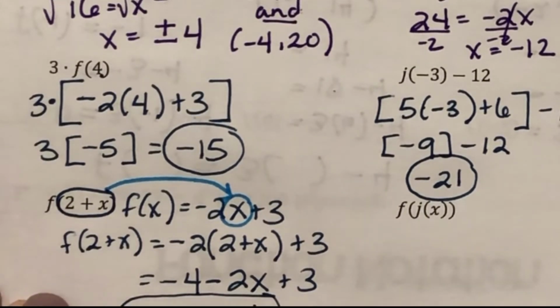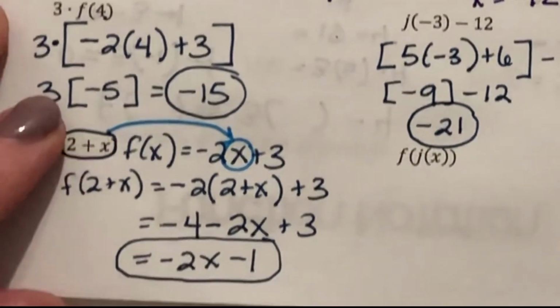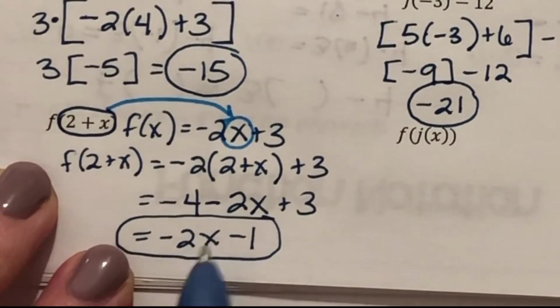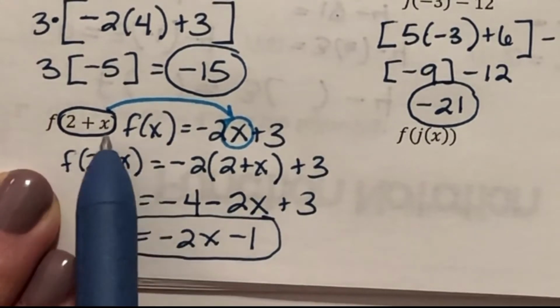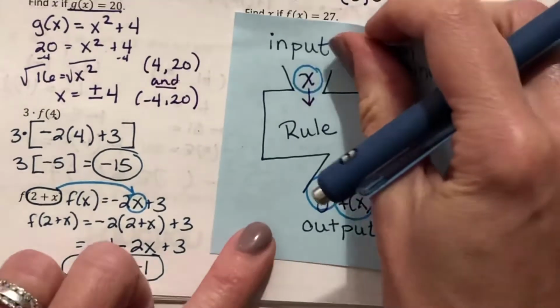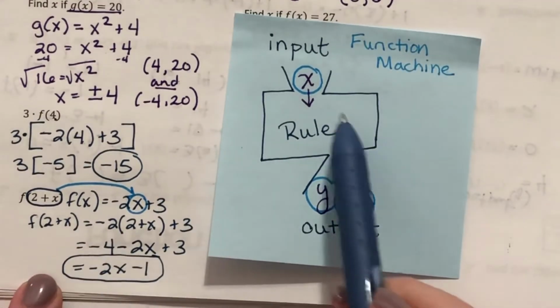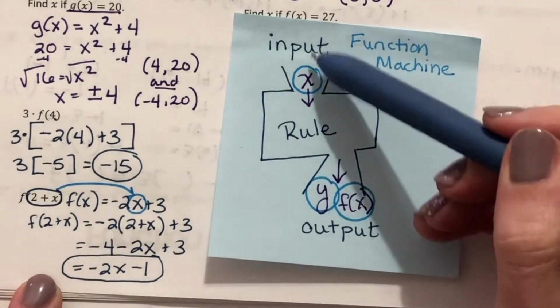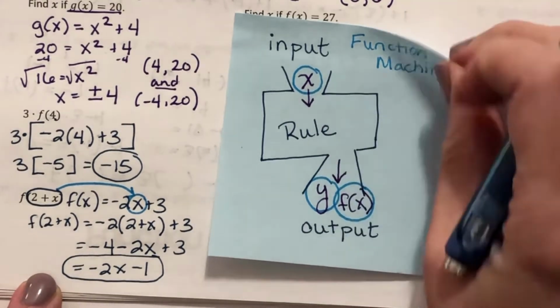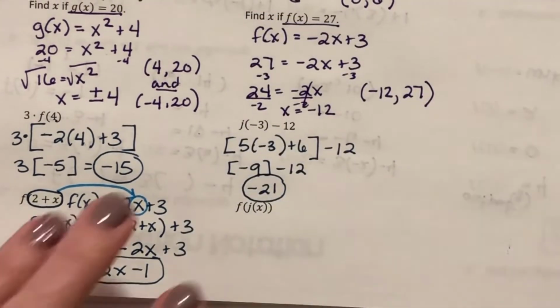So notice my final answer with this one, I actually have x in my answer. This is actually the rule. If I think of my function machine, this is going to describe the rule that happens when I take x and then I add 2 onto it. This is the rule that comes out that makes that work.